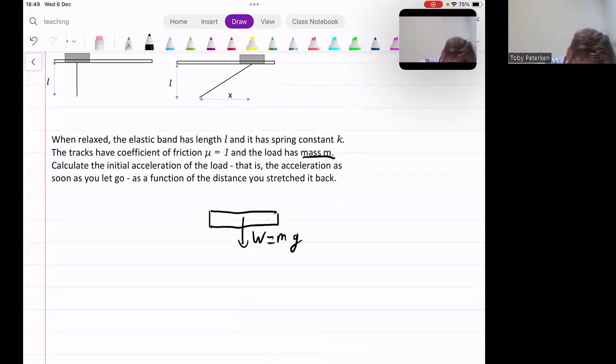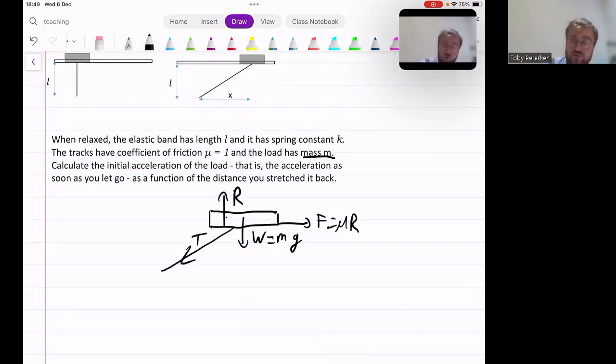There is some friction force, which is equal to mu times the reaction force. There is a reaction force coming from the tracks. And also, there is this tension force coming from the elastic band.